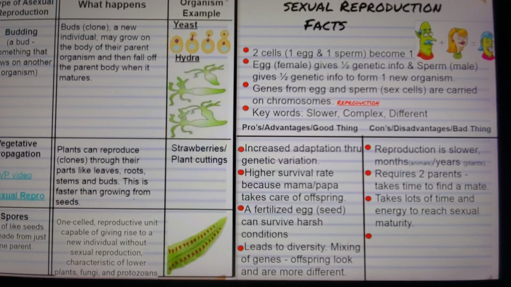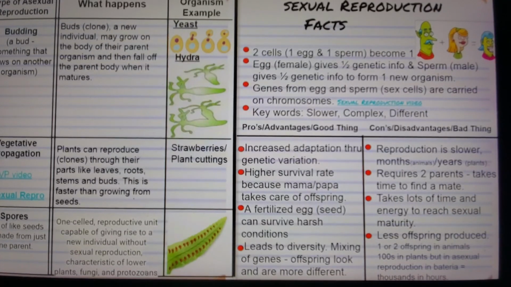Human females are sexually mature at about 13, boys maybe 15. Some animals may take a year before they're sexually mature, and they can't breed all that time. They're growing and becoming mature organisms.